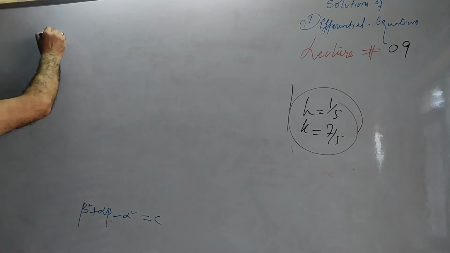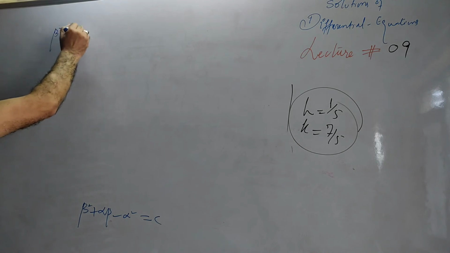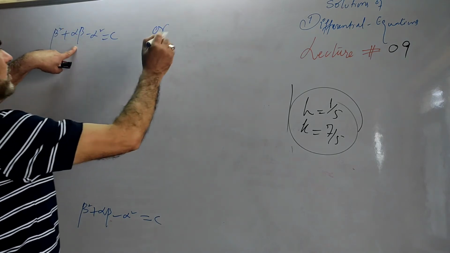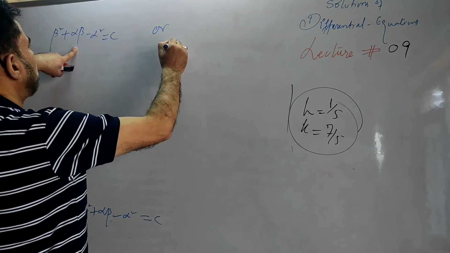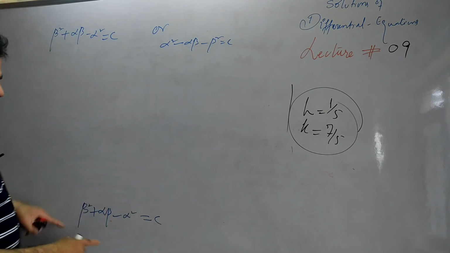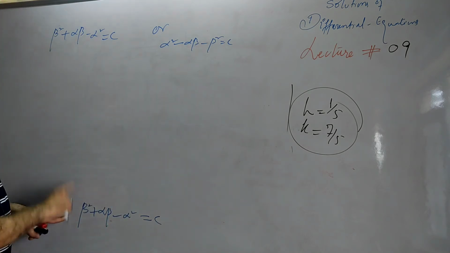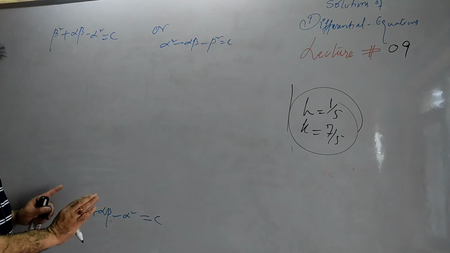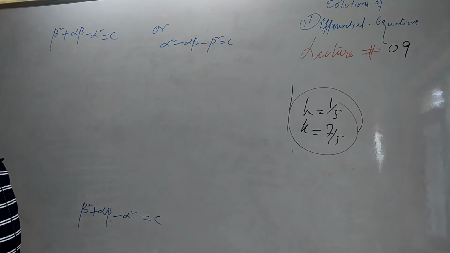Beta square plus alpha beta minus alpha square is equal to c, or you can write this way also: alpha square minus alpha beta minus beta square is equal to c. Why? If I take minus in the log, because it is under the log, we can take minus common, the log gets absorbed, and we can write the result in this way also, no problem.